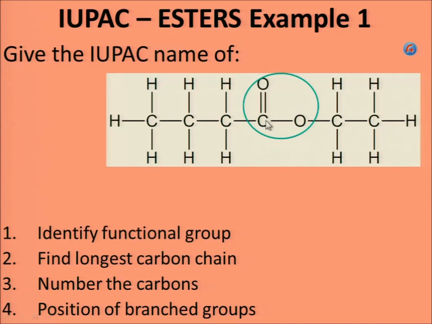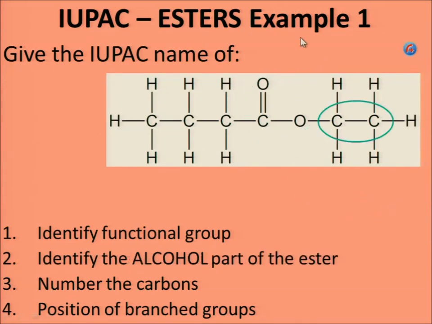If you see a carbon double bond oxygen bonded to an oxygen with another carbon chain, you should know that this is an ester. Now, to name an ester, you break the molecule in two. The first part that you look at is the part bonded to your oxygen atom. In this case, there are 2 carbons, therefore ethyl.